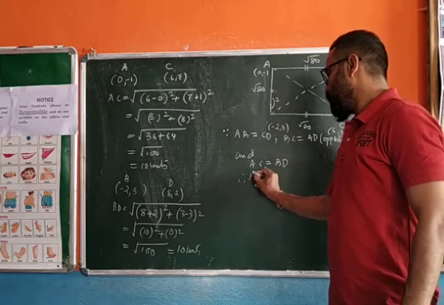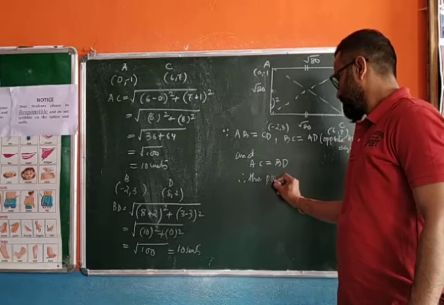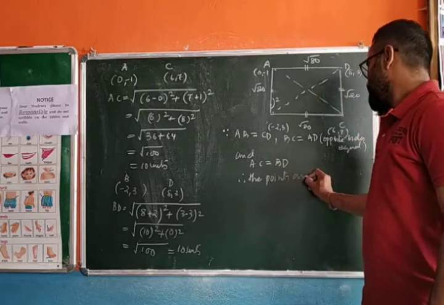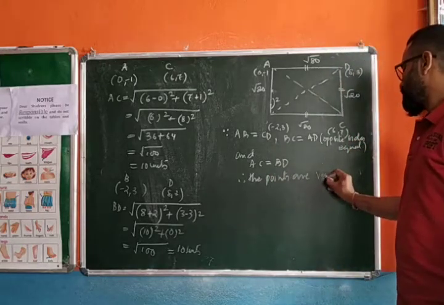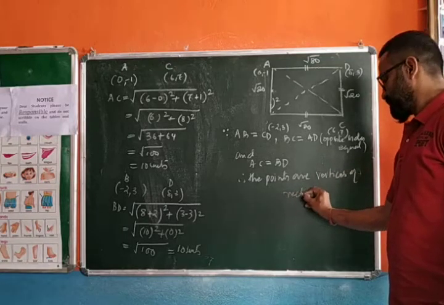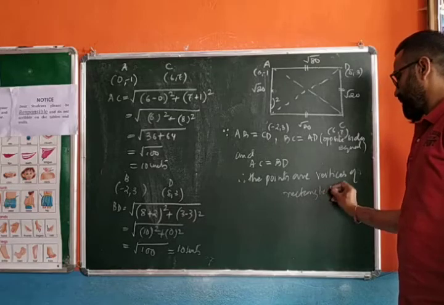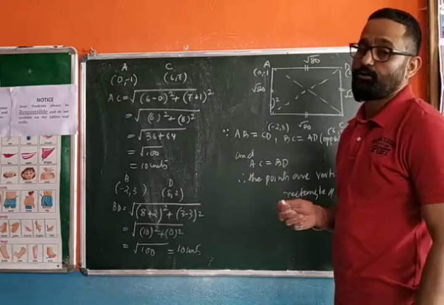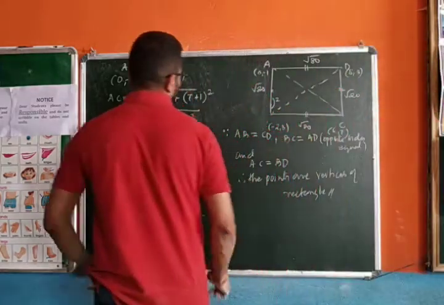therefore the points are vertices of a rectangle. So look at the calculation.